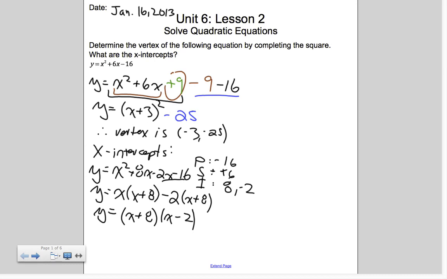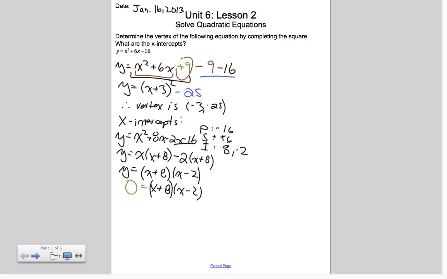So as Sean said, we need to make this equal to 0. So we have 0 is equal to (x plus 8)(x minus 2). As we saw in the video of graphing using x-intercepts, which is exactly what we're doing, Mr. Condon said each of these is equal to 0, because if any of these is equal to 0, the product is equal to 0.